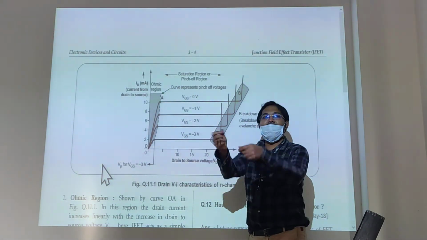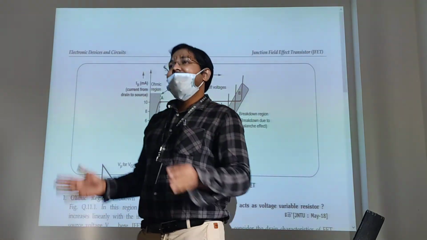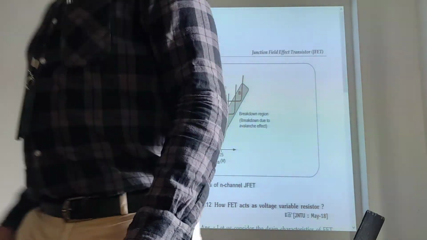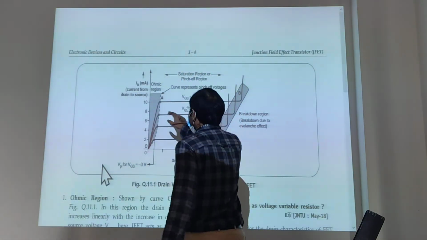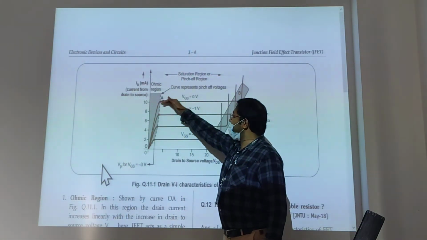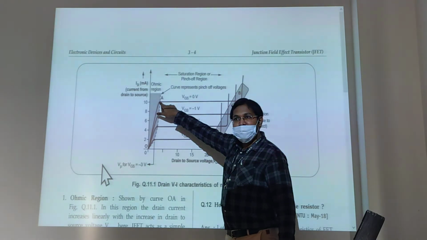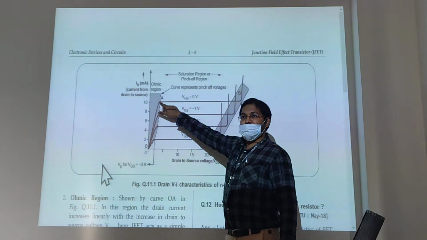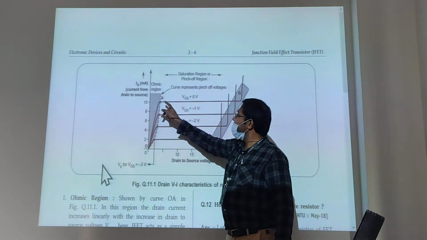We are not damaging the transistor. So before the transistor is breaking down, the maximum current we get is this. This is nothing but IDSS. This point is IDSS.